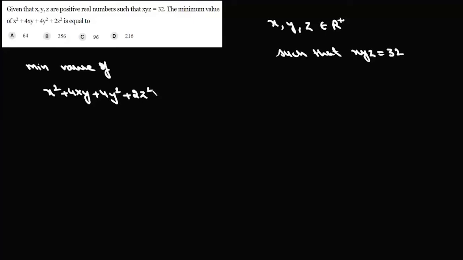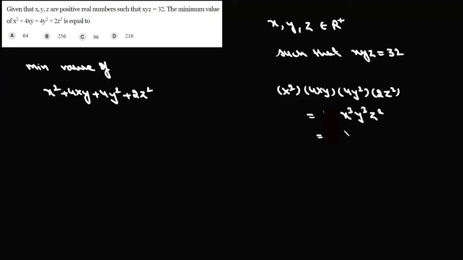Now clearly we have to find the minimum value of a sum, and we are given something about the product x, y, z. So we have to use AM and GM. But the problem here is, if we multiply these 4 expressions, we get x square into 4xy into 4y square into 2z square, and then we'll have x cube, y cube and z square.